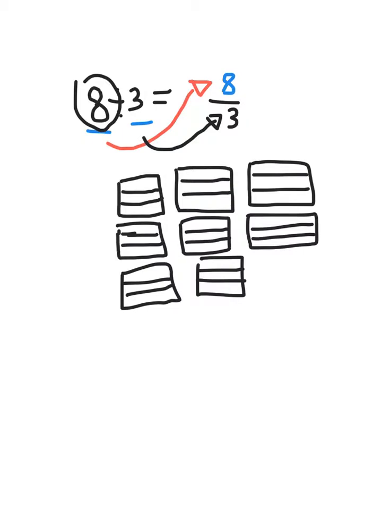Now the top number is going to tell us how many we're going to be coloring in. So I'm going to color it in blue. So that's 1, 2, 3, 4, 5, 6, 7, 8. Okay. So now we're looking at the total cookies we colored. So this one got fully colored.